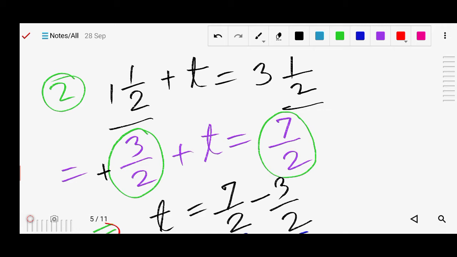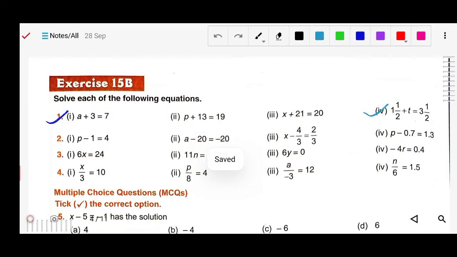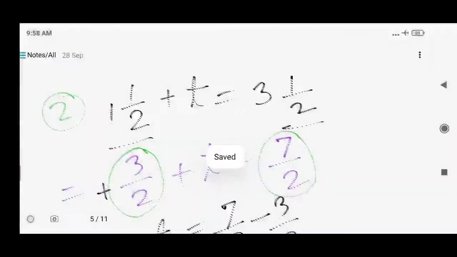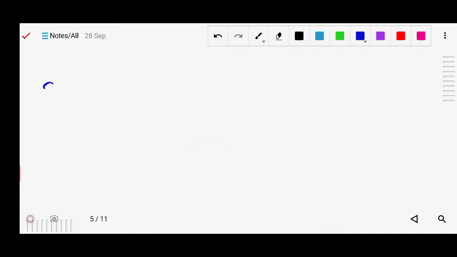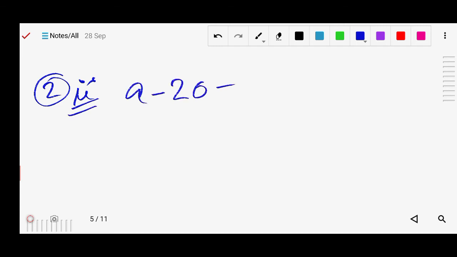Now question number 2, see that. Number 2, a minus 20 equals minus 20. If you have to find the value of a, let's solve this question. Same process, we will change the side.